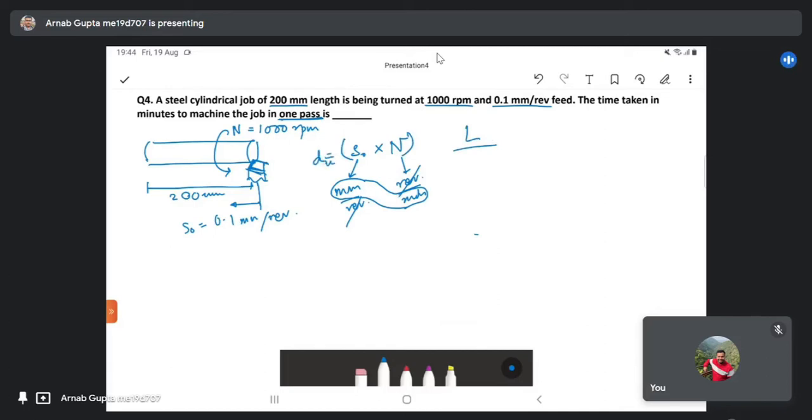If we divide the total length of the workpiece by D_U, then for single pass operation, we can find out what is the time taken for machining. Now, if we have been given with multi-pass operation, then we need to just multiply this with the number of passes.